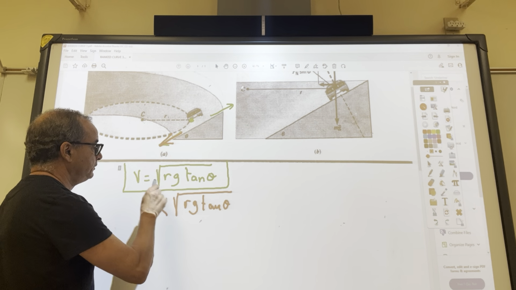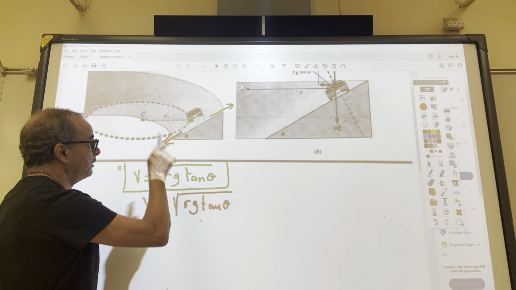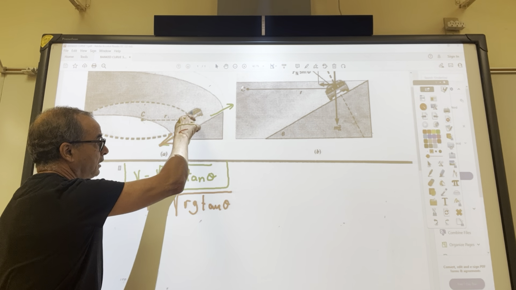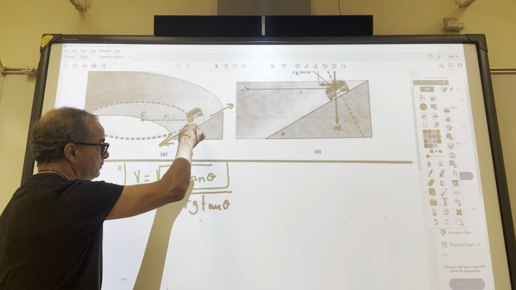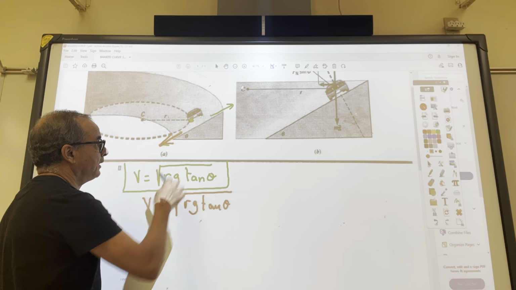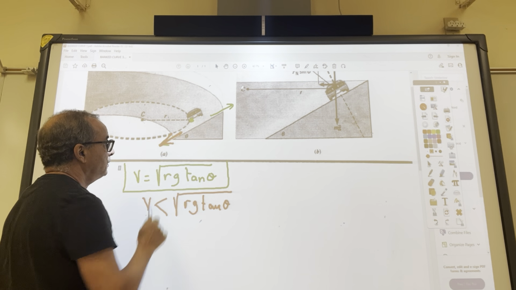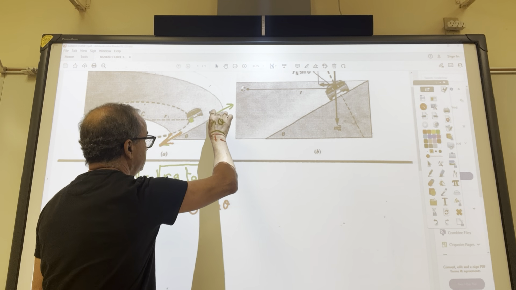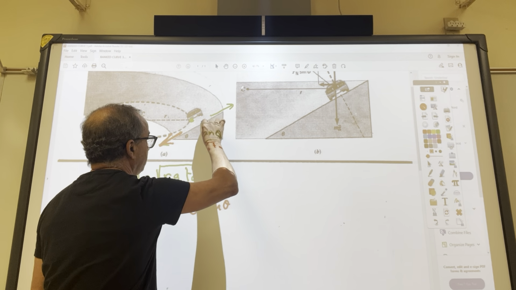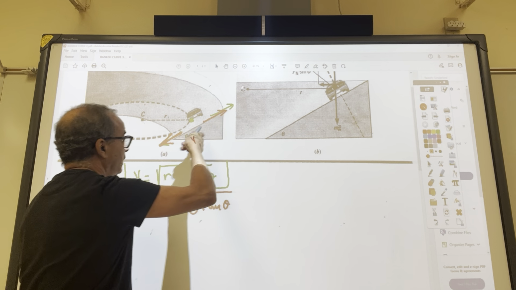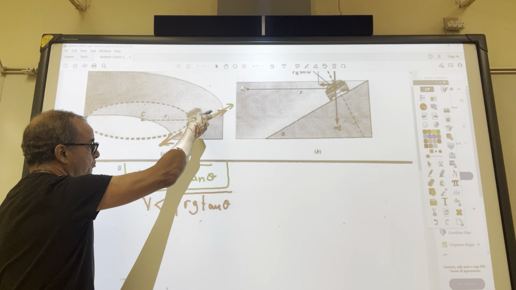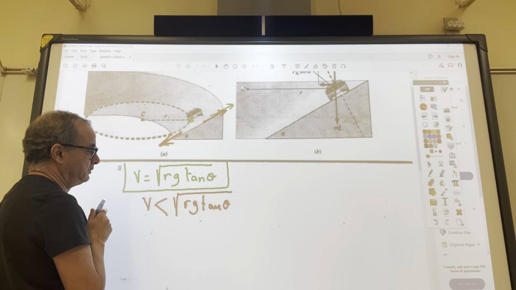So if we decrease that exact velocity that the car needs to stay on the road, then it's going to slide down. But what's going to keep it on the road is some friction.